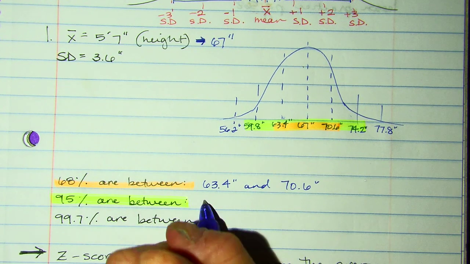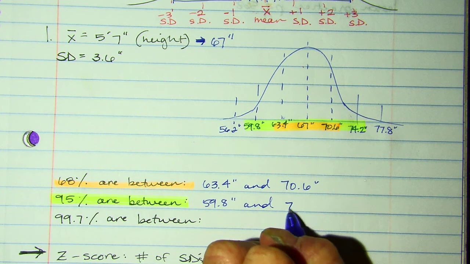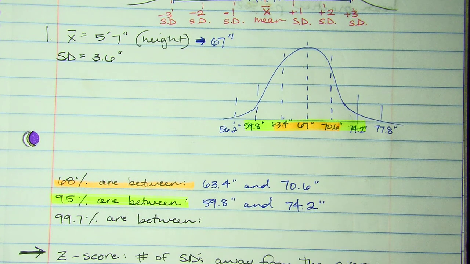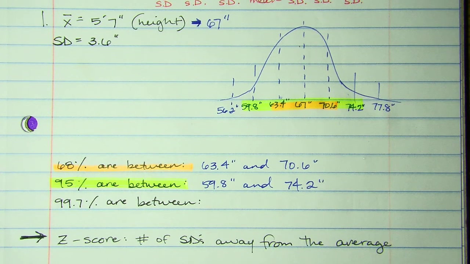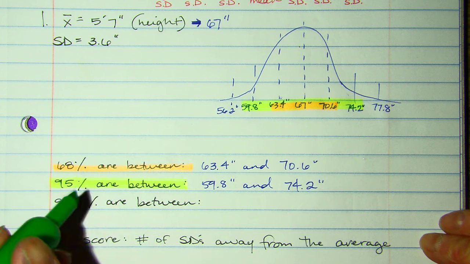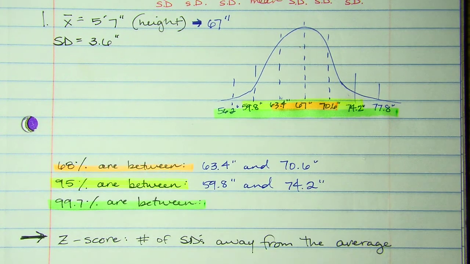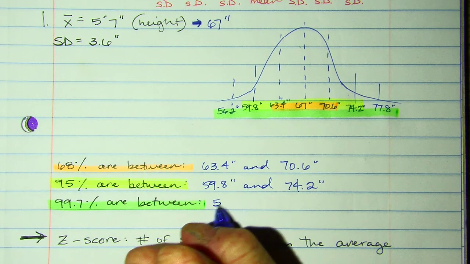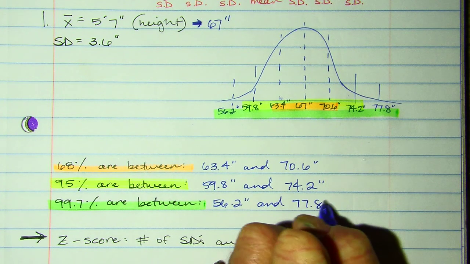So 59.8 inches and 74.2 inches. So 95% of people in our class are that height. We're just saying, we're guessing. Okay, and then last, the 99.7, that's the last bracket in each direction. So it's in between 56.2 inches and 77.8 inches.